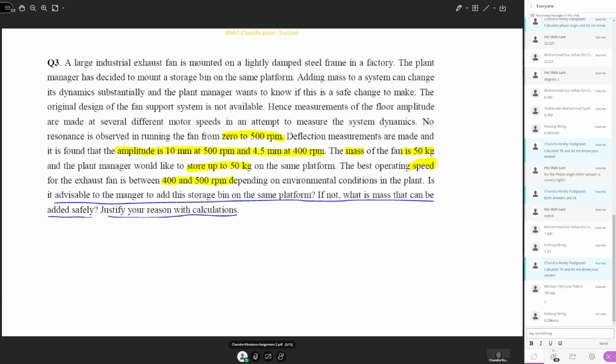So this is the description given. For steel frames, it means that the damping ratio is small. So eta is small.